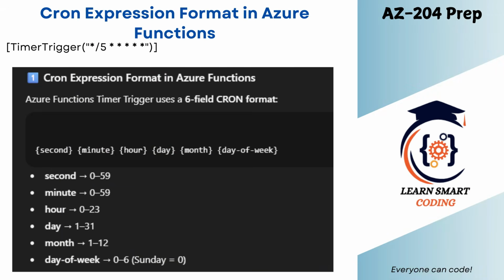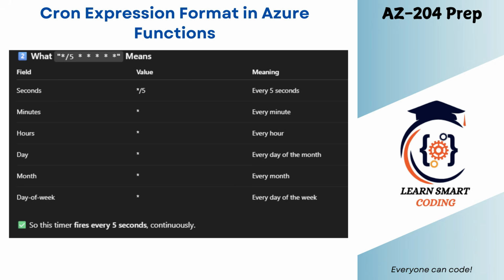If you look at this screen, we have seconds, minutes, hours, days, month, and day of week, and each one has a value. If you have such an expression, this is what it means. If you have the first one as */5, every 5 seconds it will run.